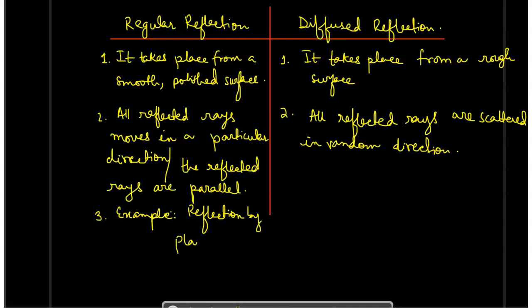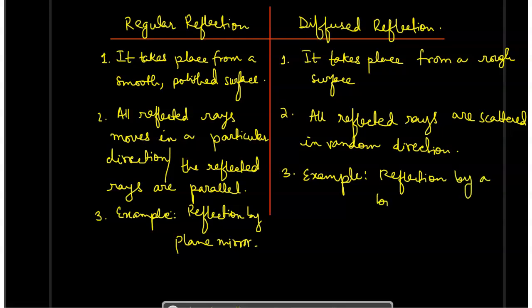Here also give an example for diffused reflection: reflection by anything you can write, suppose a road surface or a book, table, etc. Any object around you.